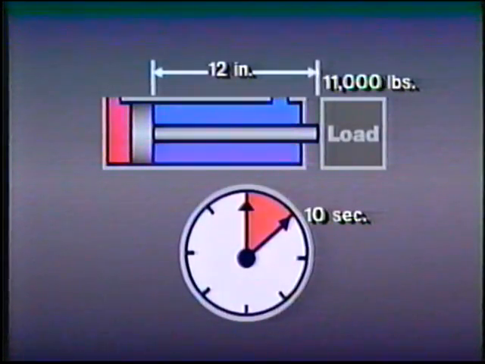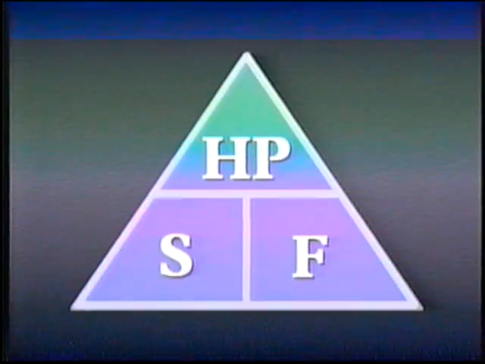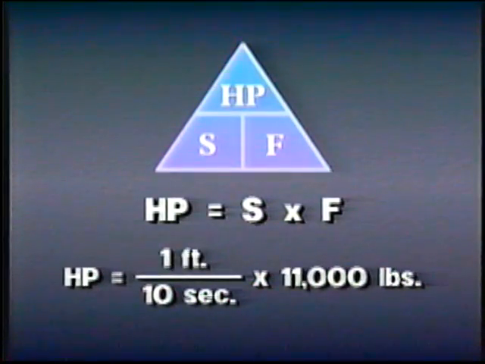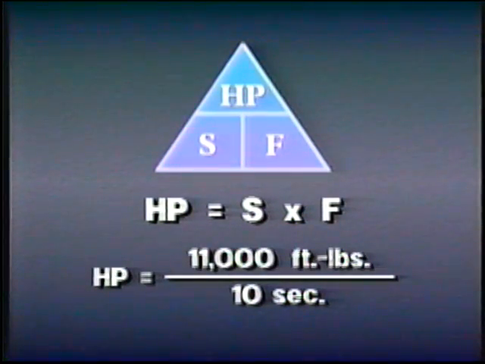For example, suppose we need to know how much horsepower it will take for a cylinder to move an 11,000-pound load 12 inches in 10 seconds. Our formula says that horsepower is equal to speed times the force. The speed is 12 inches or 1 foot every 10 seconds, while the force is 11,000 pounds. 1 foot times 11,000 pounds is 11,000 foot-pounds, which must be divided by 10 seconds.